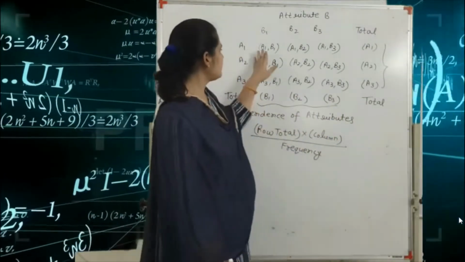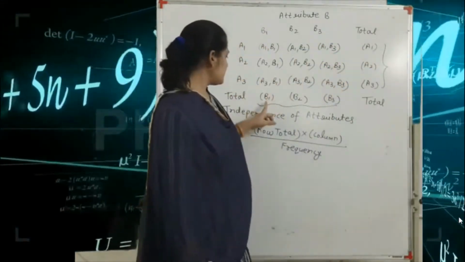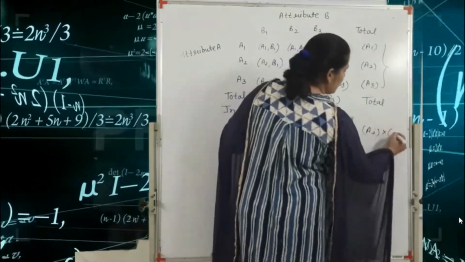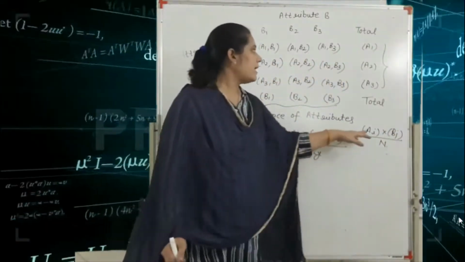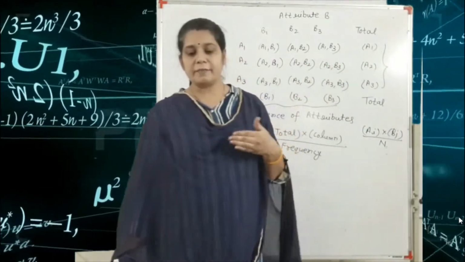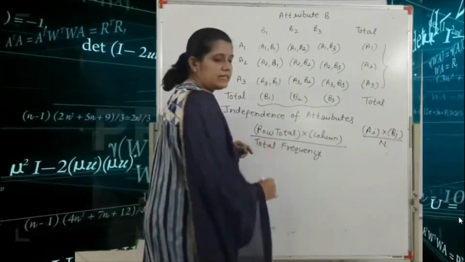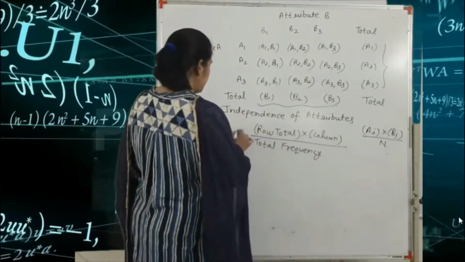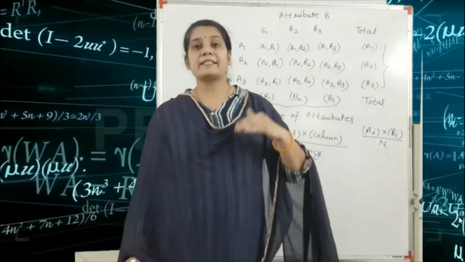If we find this value, the row total is Ai and the column total is Bj, so in the textbook we write (Ai times Bj) divided by capital N. Here Ai is the row total, Bj is the column total, and N is the total frequency. This is the example of independence of attributes, and we write it as the expected frequency, because with the help of this formula we find the expected frequency.